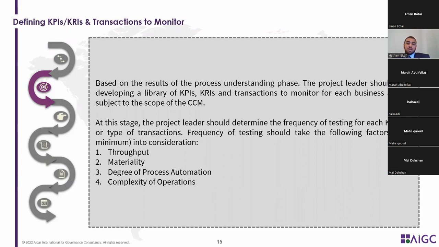The complexity of operation should also be taken into account as a factor. Other factors might be considered. It's optional, but this is a sample of the considerations that can take place.